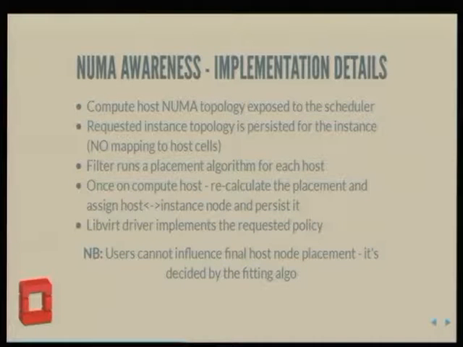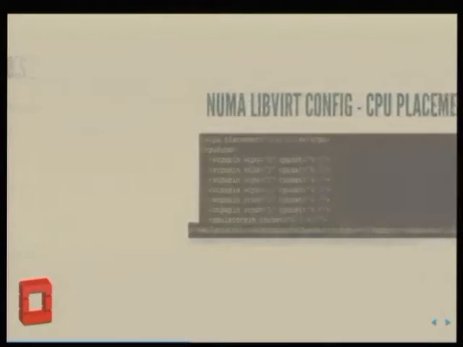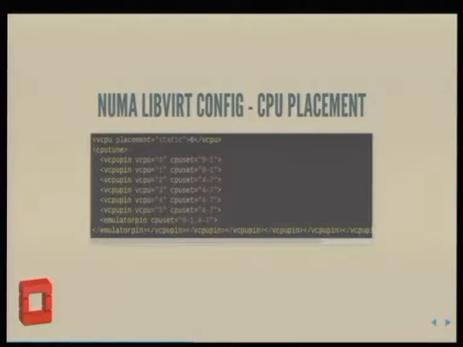And then finally, since libvirt driver is the backend for Nova, is the only one that implements this, libvirt does the work of actually confining this, and this is done by the vCPU pin element here. That's when you define the domain in libvirt.